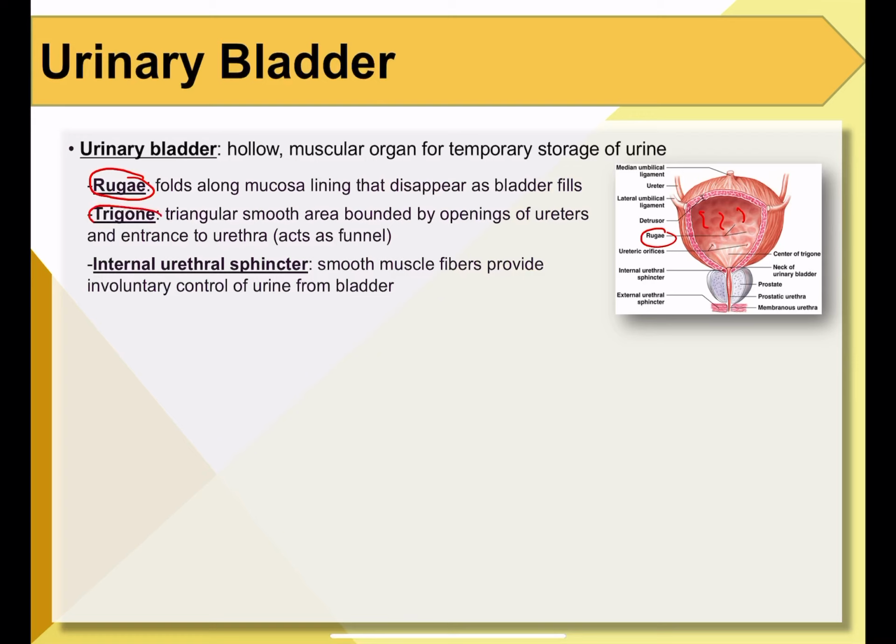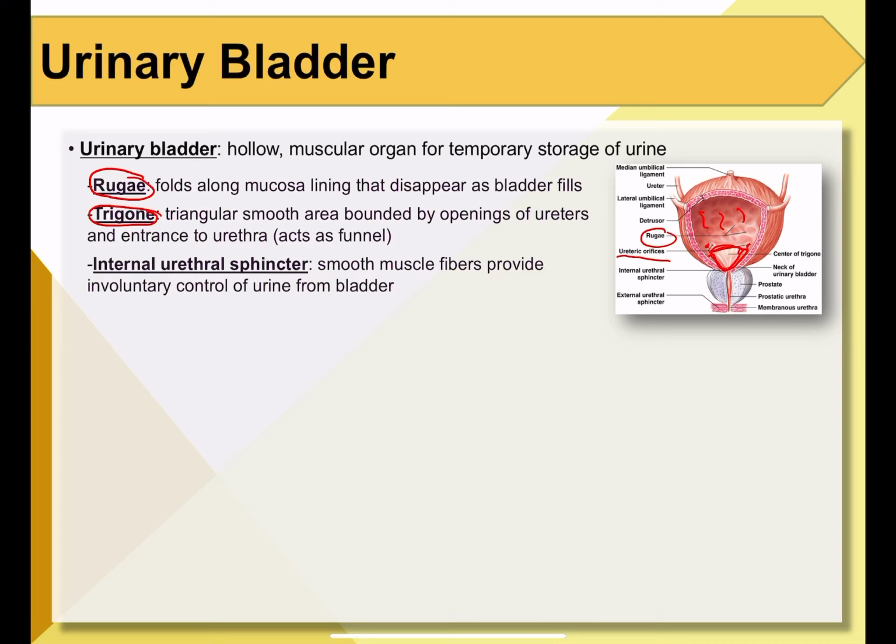And then you have trigone. Trigone is actually the smooth area right here, within this area of triangular shape. That's why it's called trigone. It is that smooth area that is bound by openings of the ureters, which are called ureteric orifices. I'll get to that when we talk about ureters. But where they enter from the ureters marks the two boundaries of the trigone.